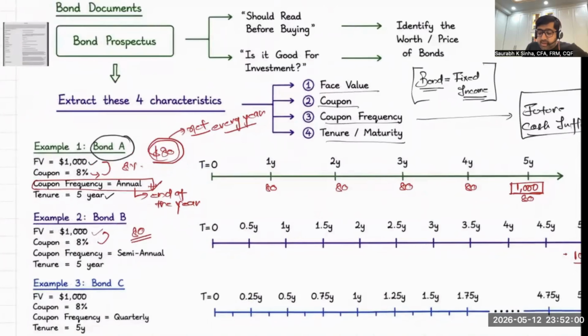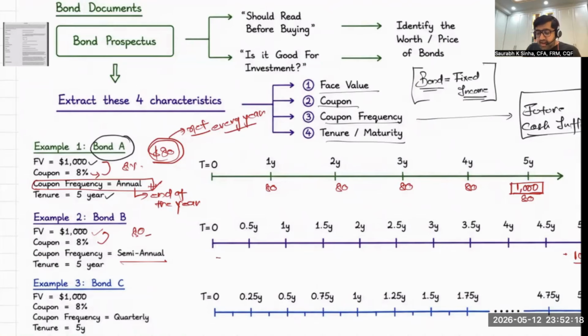So the frequency is semi-annual. Now it is not annual. It is semi-annual. It means you will receive 80 in two parts. Every 6 months, you will receive 40 and 40, but net you will receive 80. Is it clear?